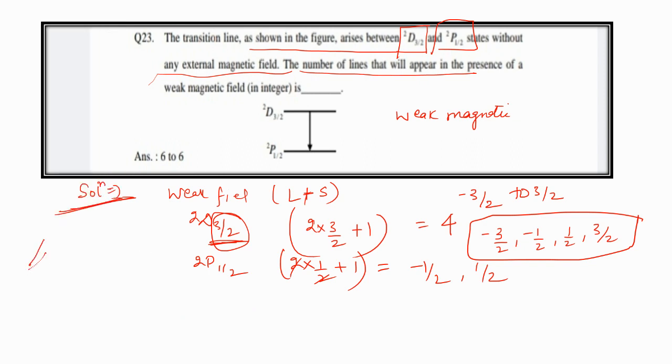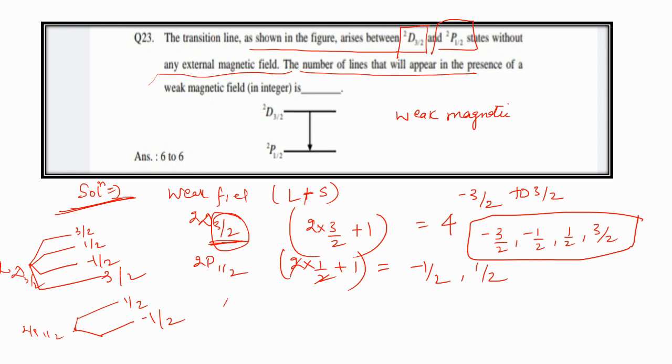So this will go 3 by 2, 1 by 2, minus 1 by 2, and minus 3 by 2. And here you have 1 by 2 and minus 1 by 2.